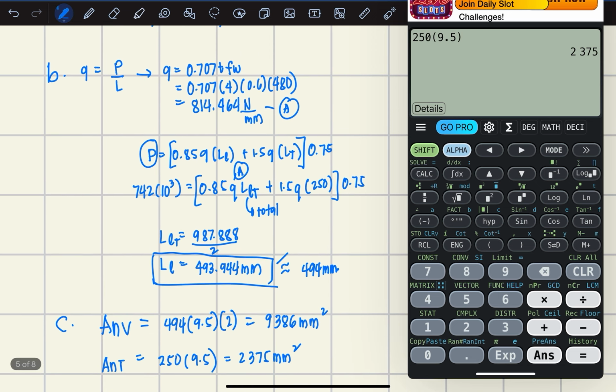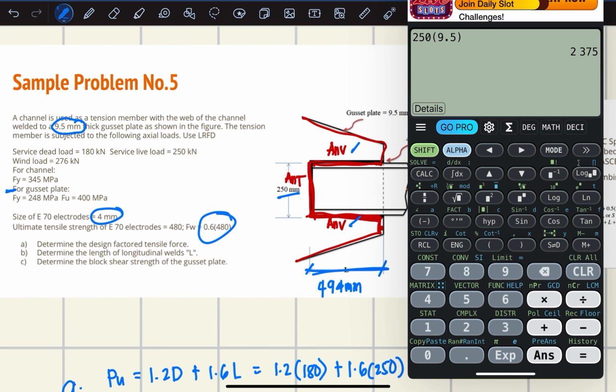Substituting the values, the Fu of the gusset plate is 400.